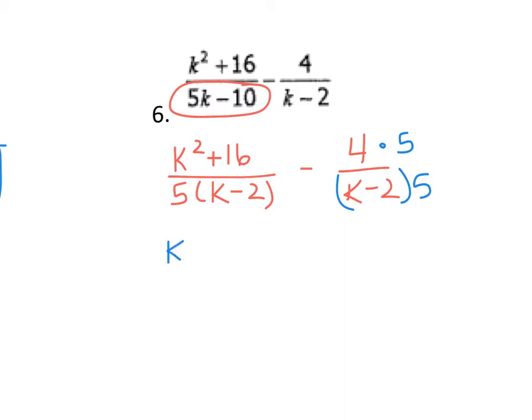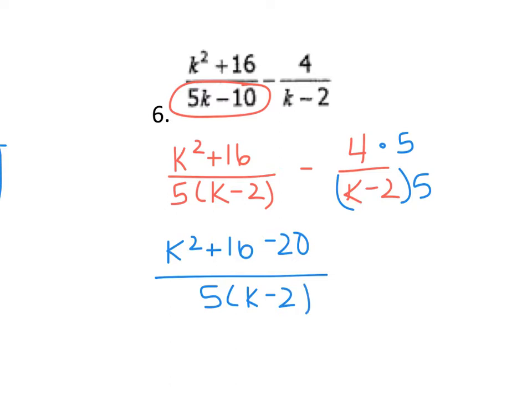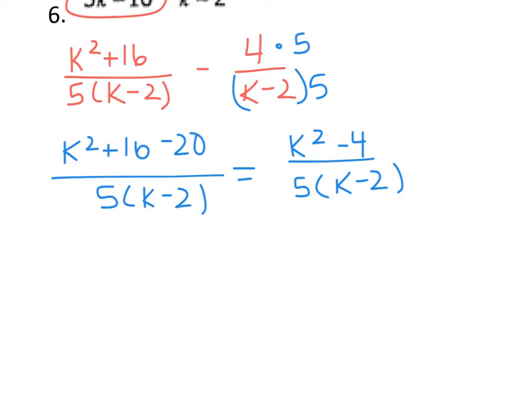So I'll have k squared plus 16 minus 20 over 5 times k minus 2. This turns into k squared minus 4 over 5 times k minus 2. Okay, now you want to look to see if you can simplify. So can you factor k squared minus 4? Yes, you can.